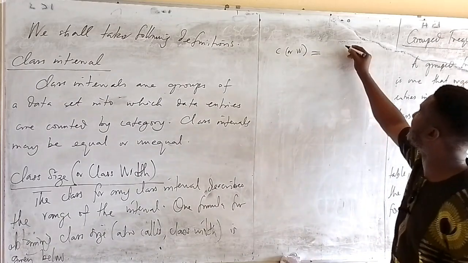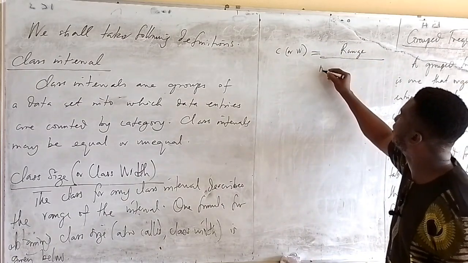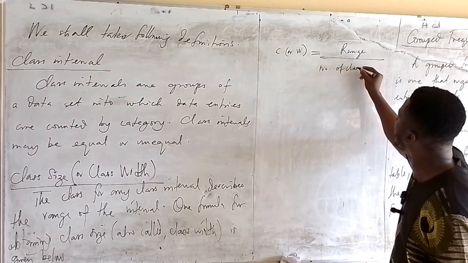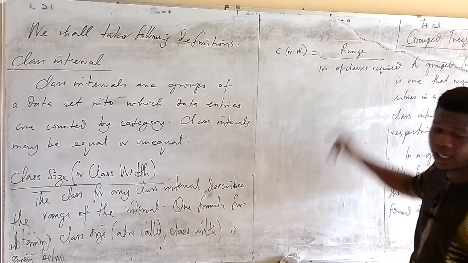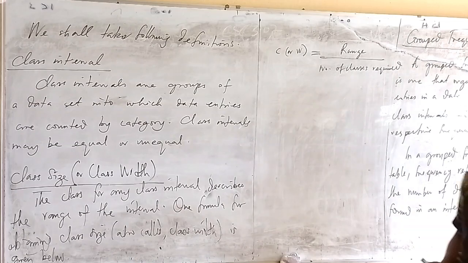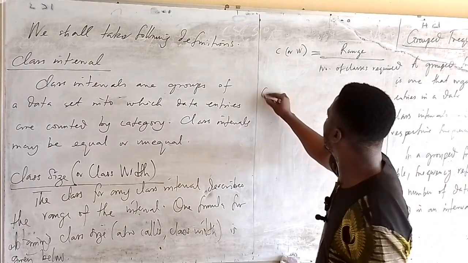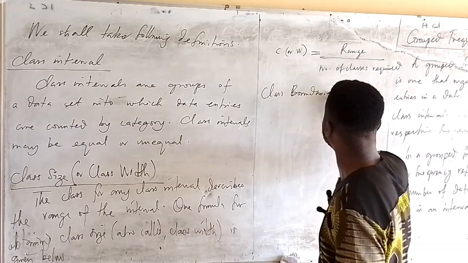And it is given by the formula range over number of classes required. I will show you how to get that done. Range over what? Number of classes required. Now, next definition, class boundaries.